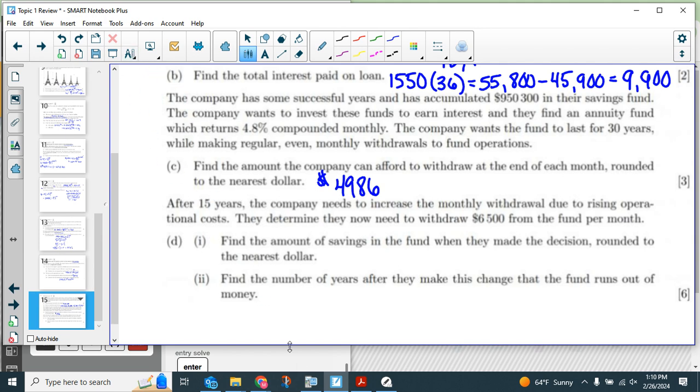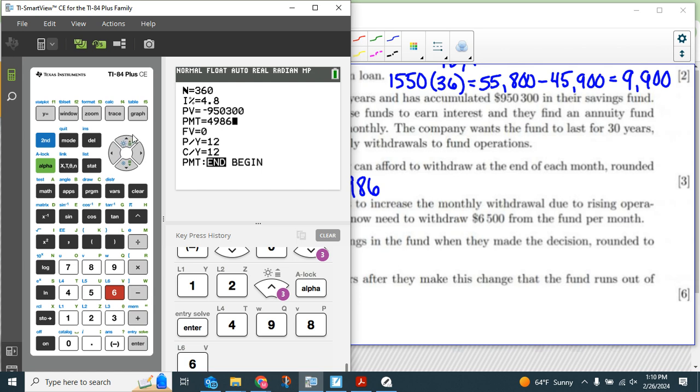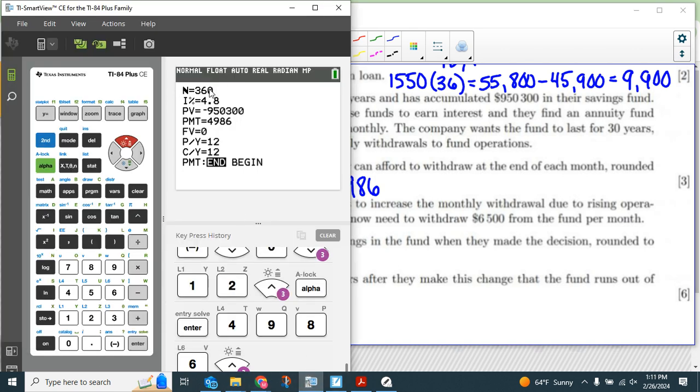Okay, so first we go back to our TVM solver. I'm just going to make this 49.86 since that's what we rounded it to. After 15 years, so basically halfway through the 360, they didn't make it through all 360.